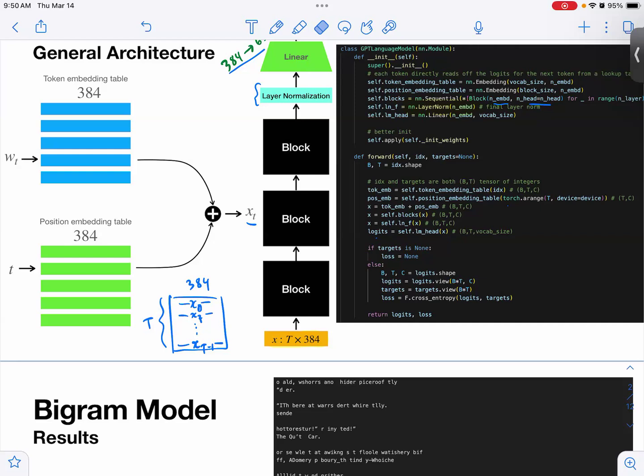Yes. How will one know that there will be 3 blocks? Okay, so in this code, these things are defined elsewhere. It's not potentially a nice way of doing it, but because it was educational, n_head is defined elsewhere in the code.